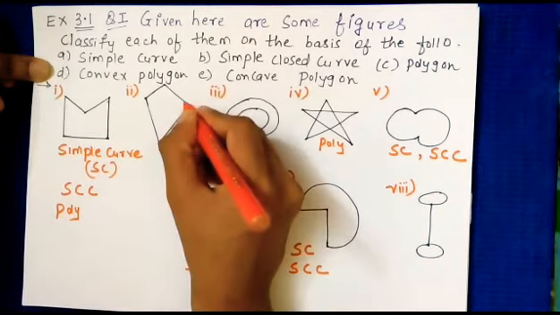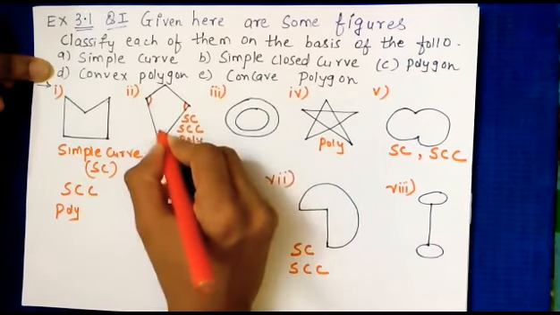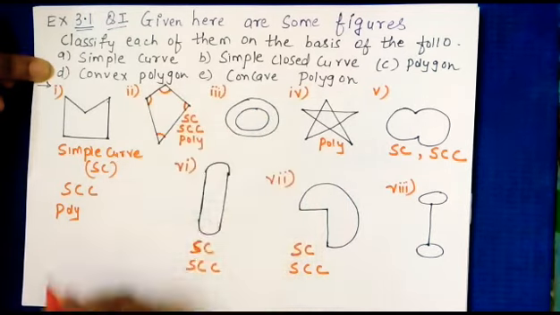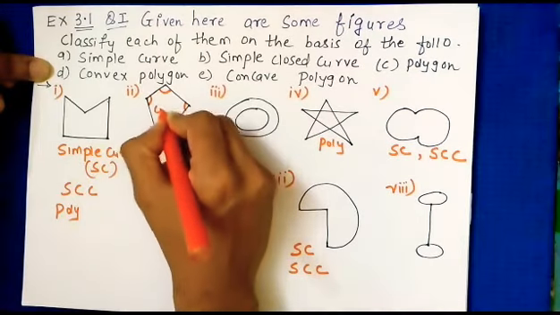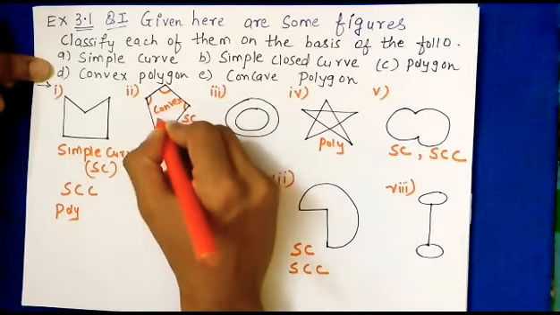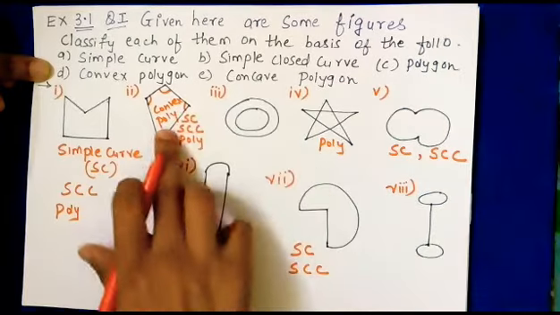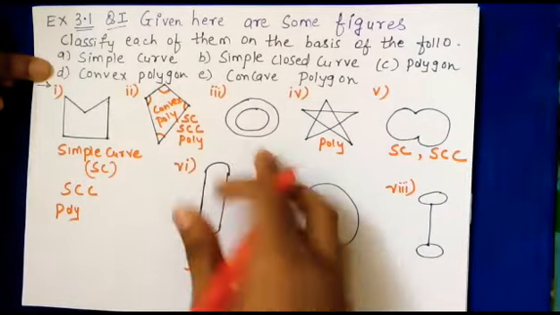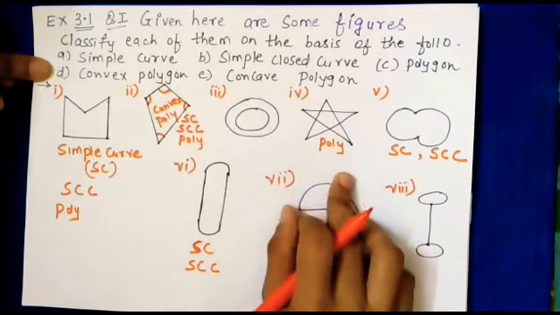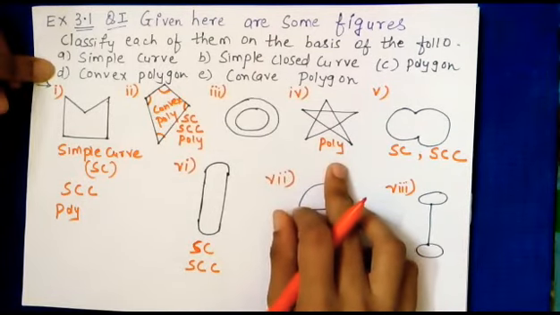Now the second one, if we see, all the angles are less than 180 degrees. So yes, this is a convex polygon. The second one is a convex polygon. Now the third one is not a polygon, so we don't have to see. Now the fourth one is a polygon. Which polygon is it?